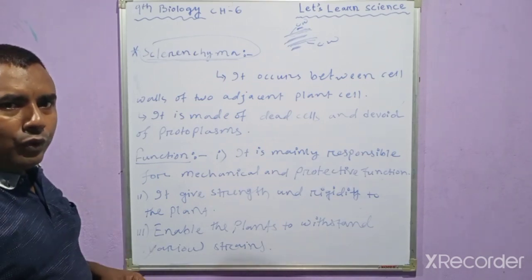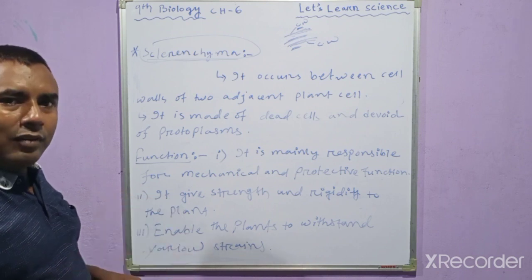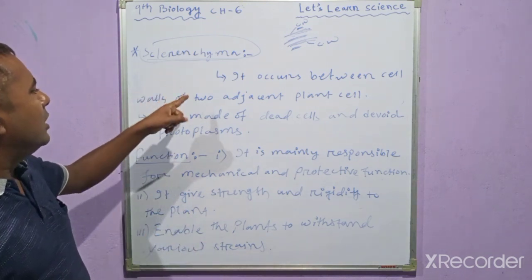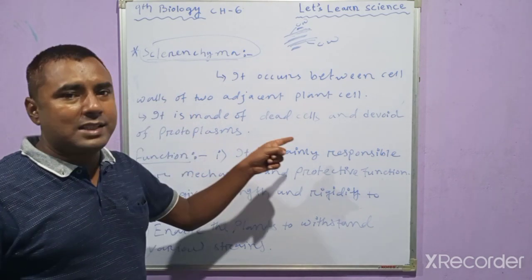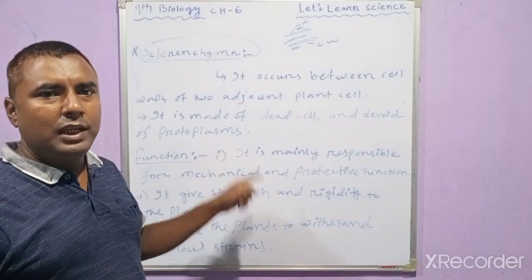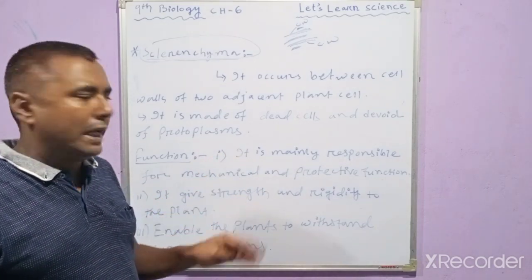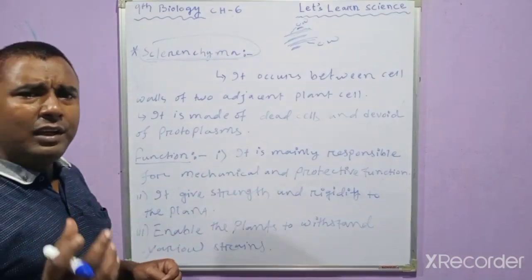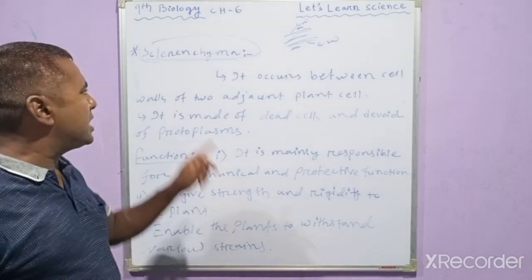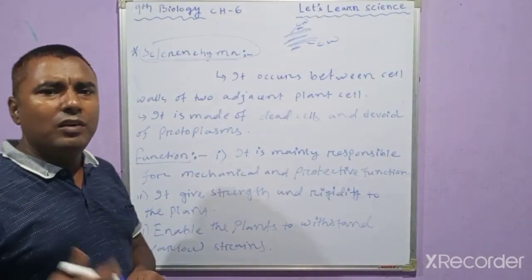As you have come to know, parenchyma and collenchyma are made up of living cells, but sclerenchyma is totally made up of dead cells. It is devoid of protoplasm, and there is no protoplasm found at all. The cells are completely packed. There is no intercellular space in between the sclerenchyma cells.